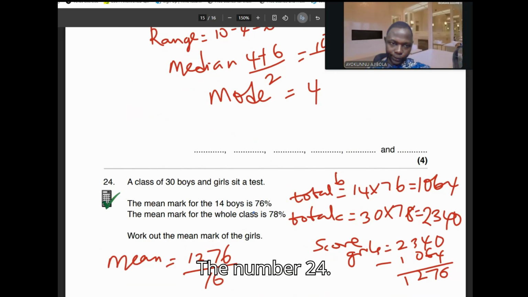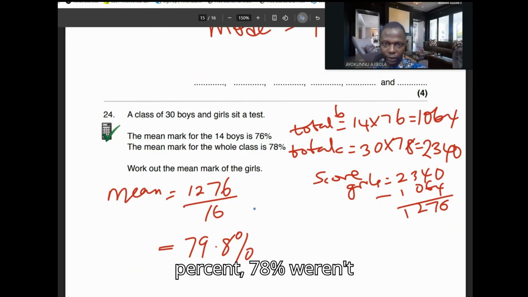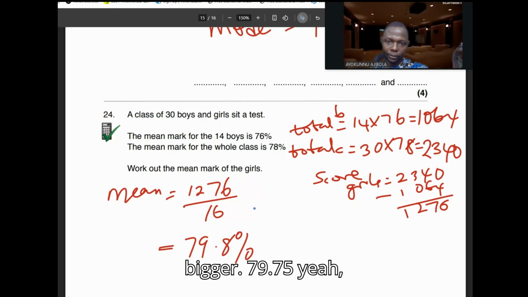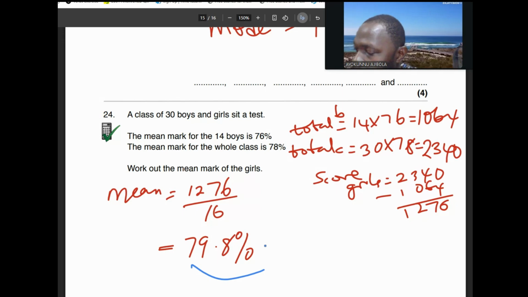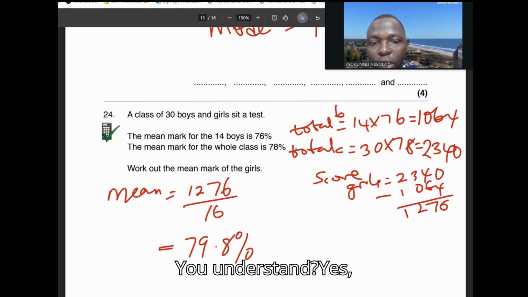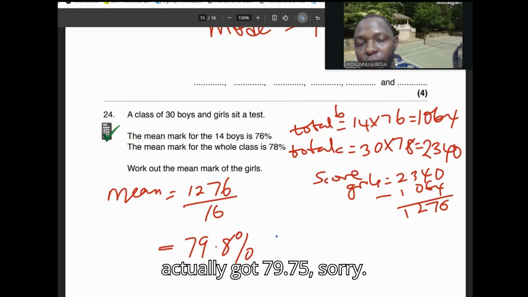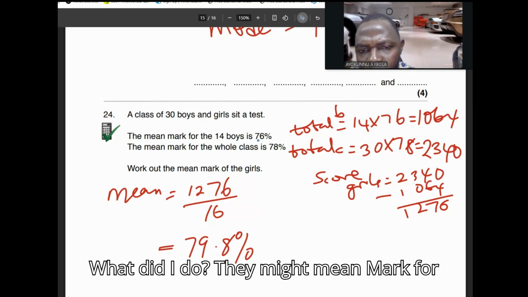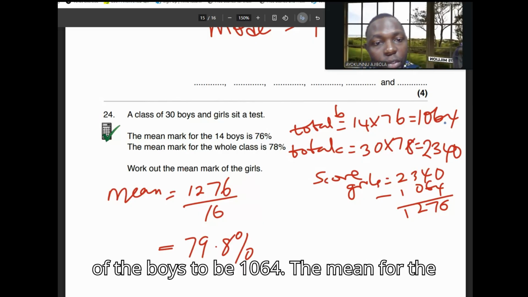The number 24, I got 78%. What did they get? It was 79.75. I approximated it to 79.8. The mean mark for the boys is 76, which made the total of the boys 1064.